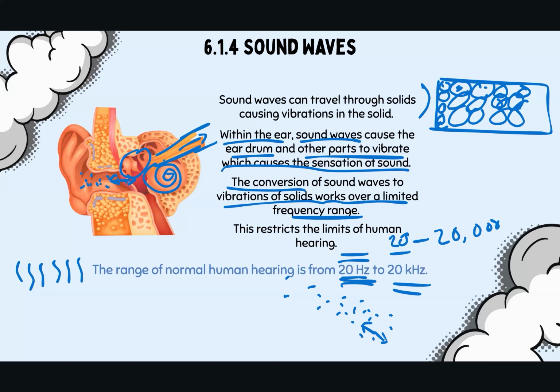We don't register it as a sound. Otherwise, we'd hear this beating of the air all the time. And anything above 20,000, for example, a dog whistle. A dog whistle works at over 20,000, 22, 23, 24, 25,000 hertz. It would hurt our ear because it's causing our ear to vibrate 25,000 times.